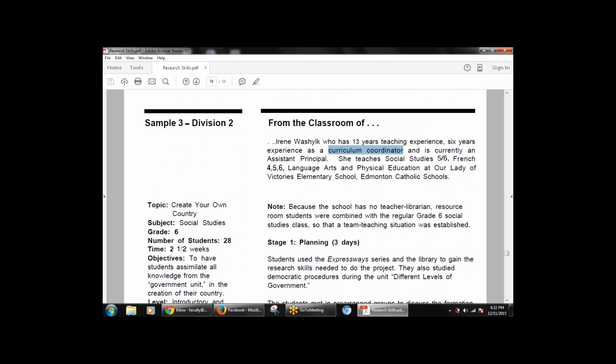This is her qualification and experience, and she teaches social studies, French, language arts, and physical education at Our Lady of Victory Elementary School, a Catholic school. Now, because the school has no teacher librarian, resource room students were combined with the regular grade 6 students.